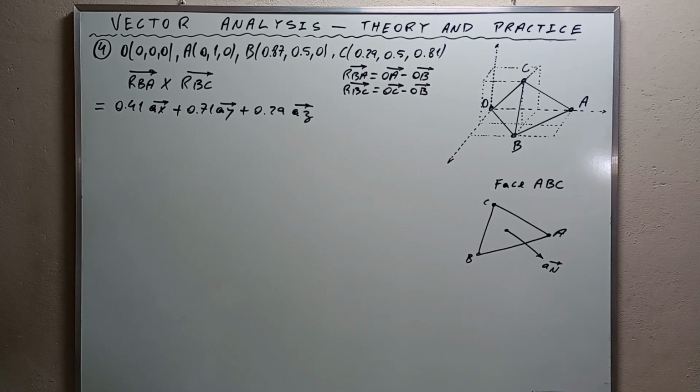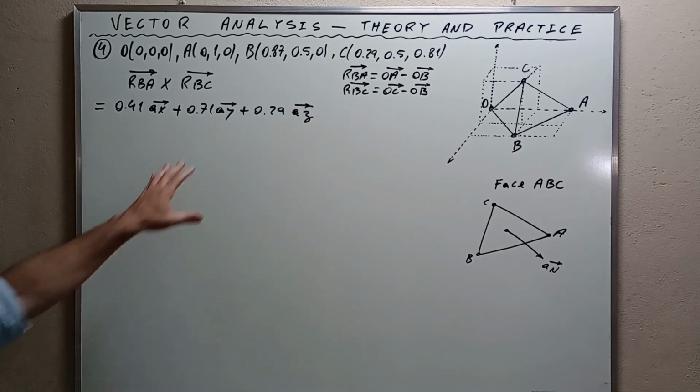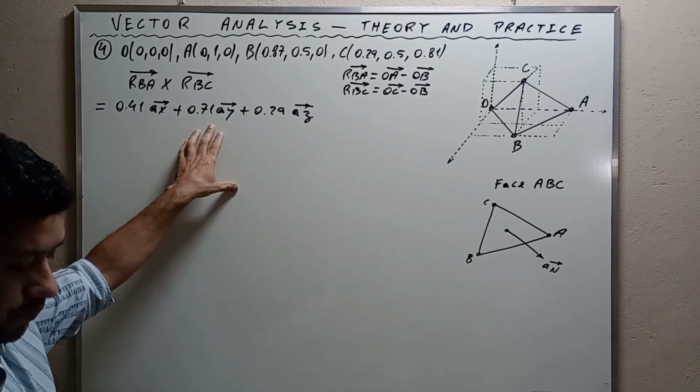However, AX cross AY, AY cross AX, AY cross AZ, AZ cross AY, and so on, will produce another unit vector. Remembering this, we find this here.